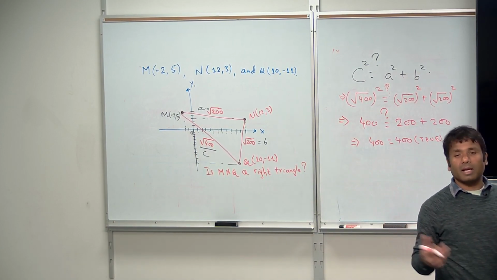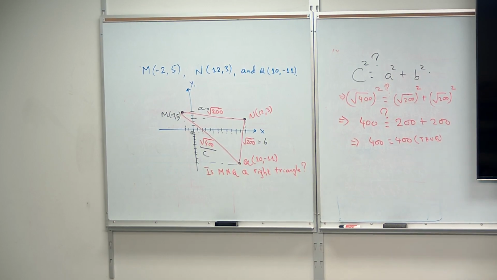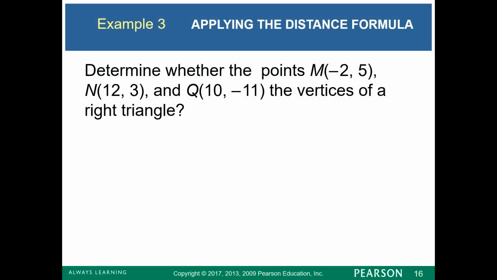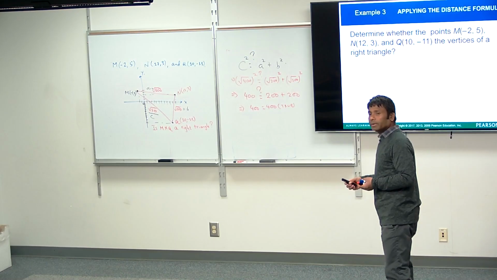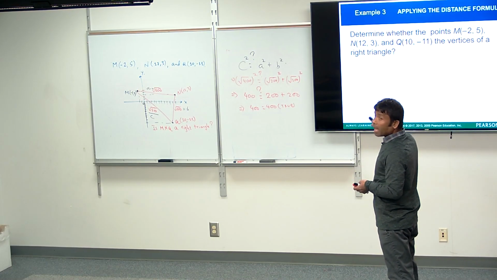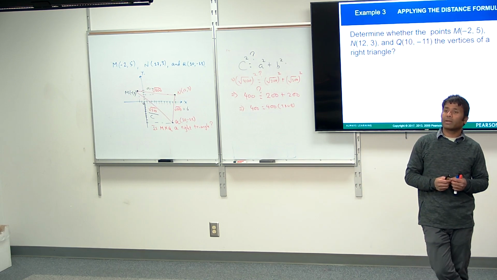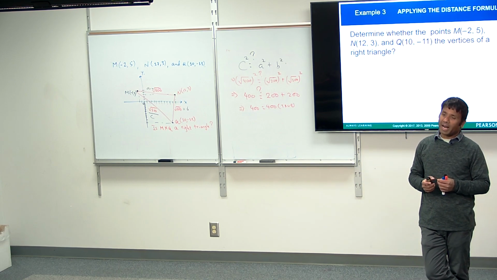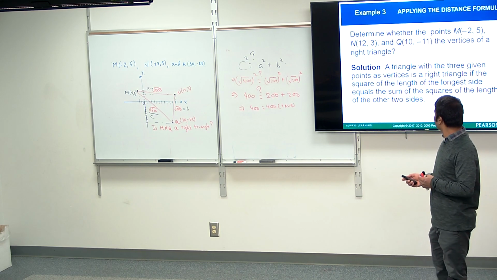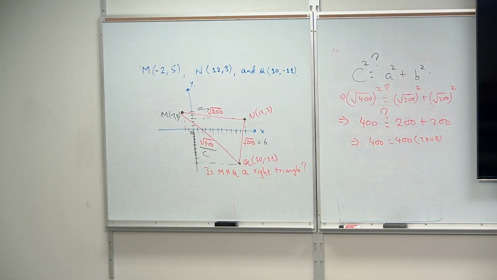So that means triangle MNQ is a right triangle. So M, N, and Q are the vertices of a right triangle. Make sense? You see that?